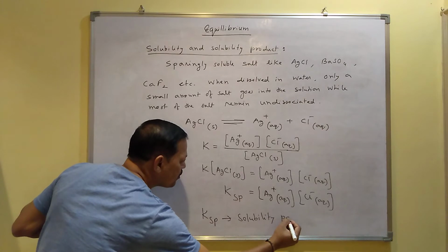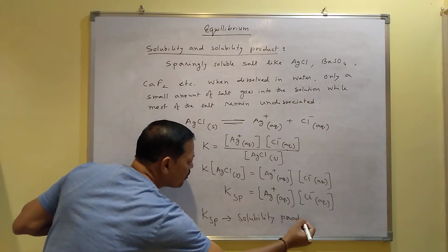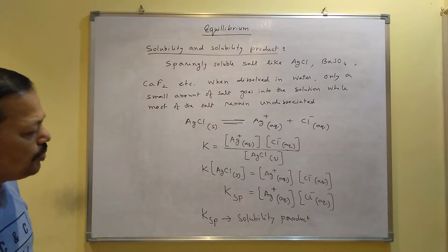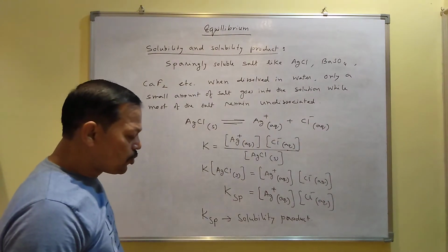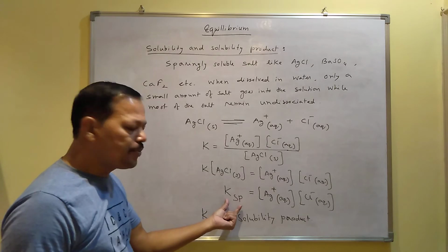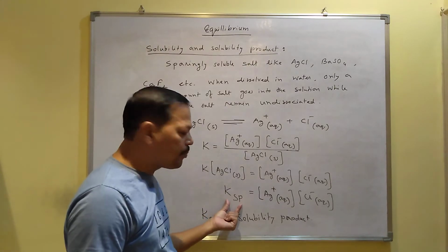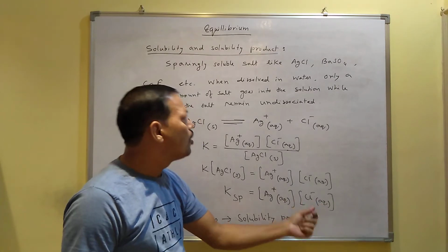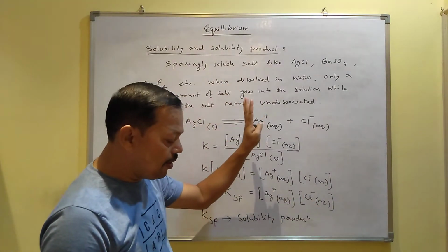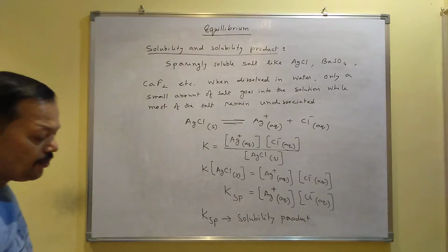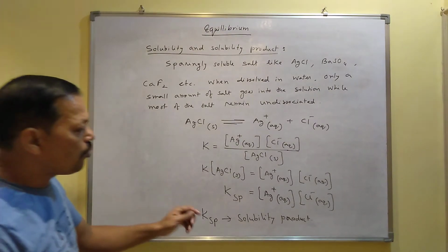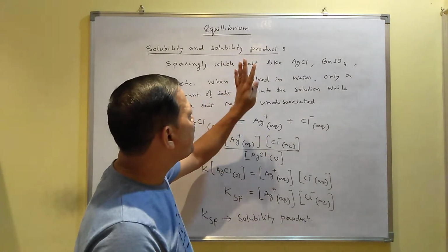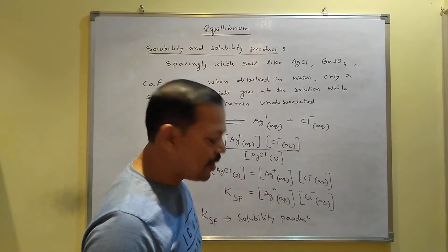So what is solubility product? Solubility product means it is the multiplication of the concentration of ions of a sparingly soluble salt like silver chloride, barium sulfate, like that.